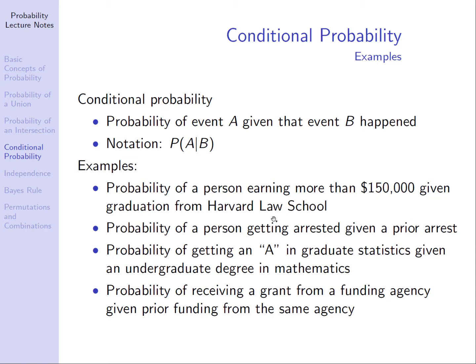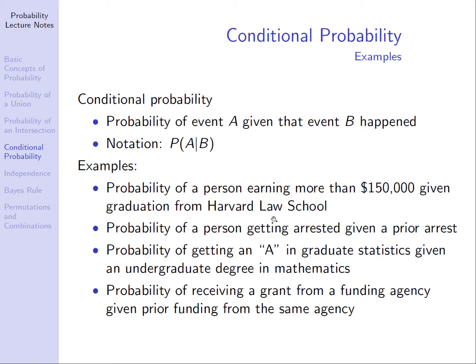Or you could consider that probability is different from the probability of a person earning more than $150,000 per year, given the graduation from Harvard Law School. Think about the probability of a person getting arrested is different from the probability of a person getting arrested who had already a prior arrest.